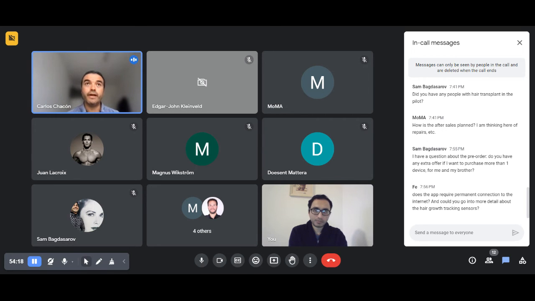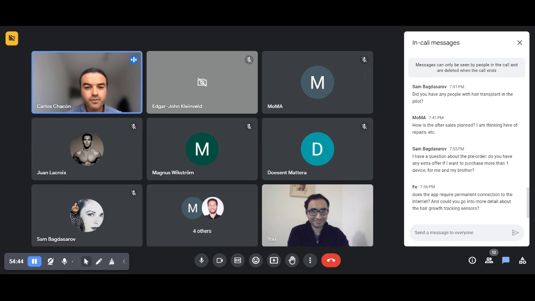But at some point you will need to connect again, because there are also firmware and app updates and so on. And we expect, because it's a smart device, to be connected. But definitely we are already implementing the option that you can use it without an internet connection. But at some point you will need to connect to the internet. That's how it will work.